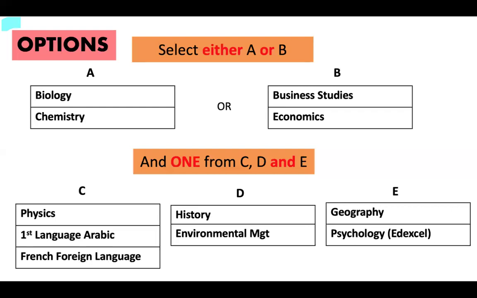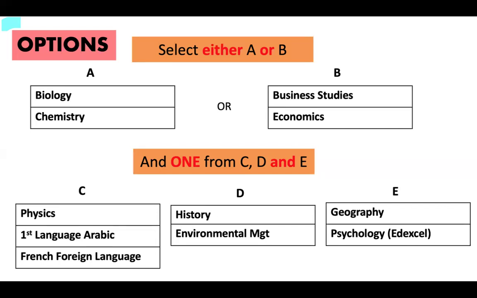And then you need to choose one subject from each of the sets C, D, and E. In C, you can choose physics, and if you want to do all three sciences, you would choose Block A and physics from Block C. Or if you don't want to do physics, you can choose first language Arabic or French foreign language.